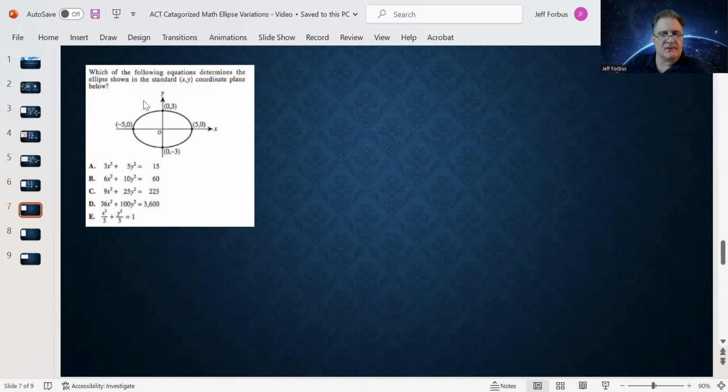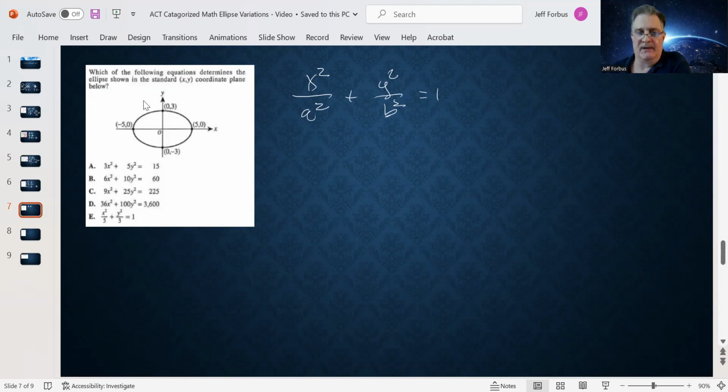Now it says, which of the following equations determines the ellipse in the coordinate plane? All right, now notice there isn't the standard form of the ellipse equation written in our answer choices. So we're going to have to manipulate this in just a minute to figure this out.